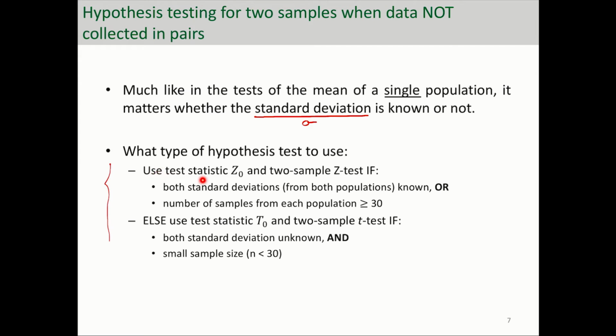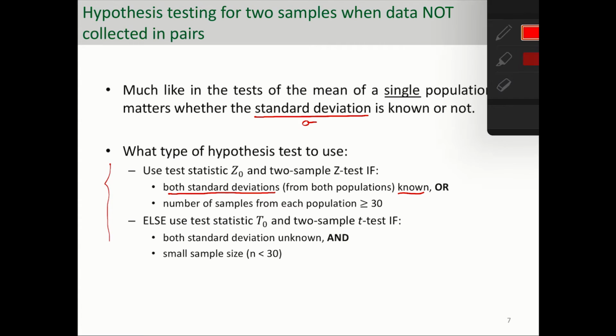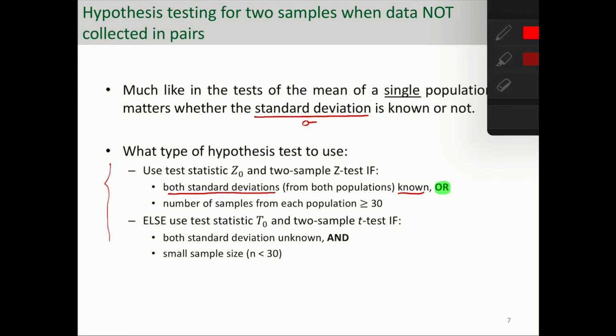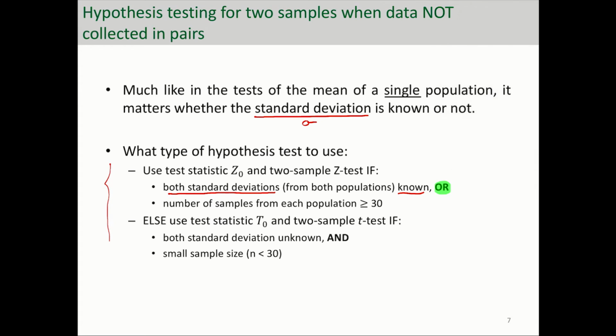We're going to use the z-score and a two-sample z-test if both standard deviations from both populations are known, or, and I want to emphasize here, this is an or statement. So either of these two conditions can lead us to a two-sample z-test, or number of samples of each population is greater than 30.